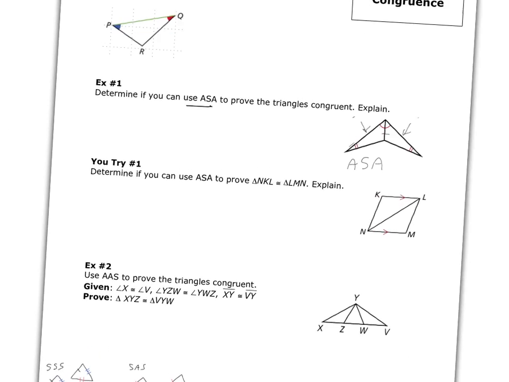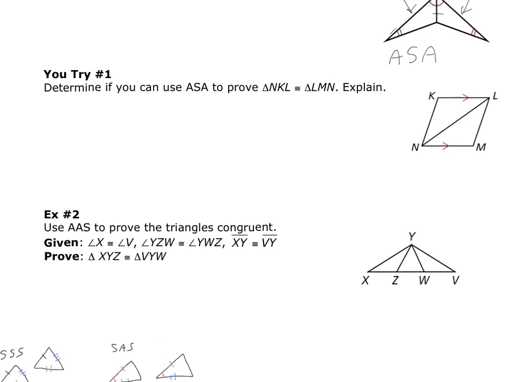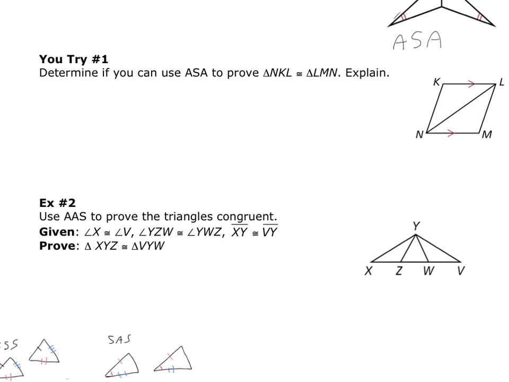Okay, let's try this one. You try number 1 here. We want to determine if we can use ASA on this one. Okay, so let's determine what we know about this. Well, first, we know that this segment is congruent by the reflexive property.